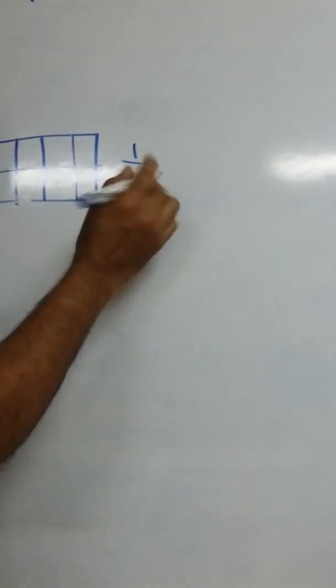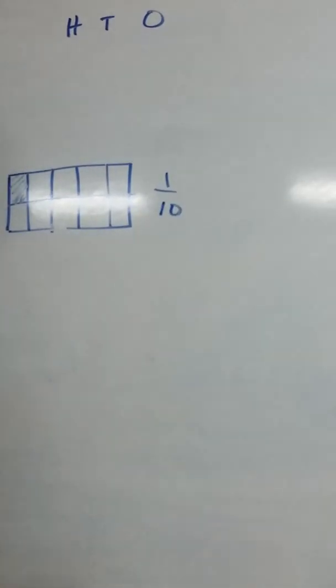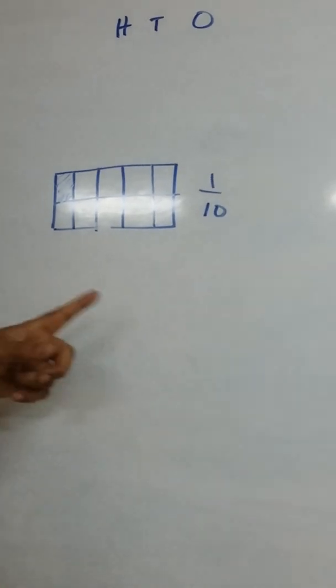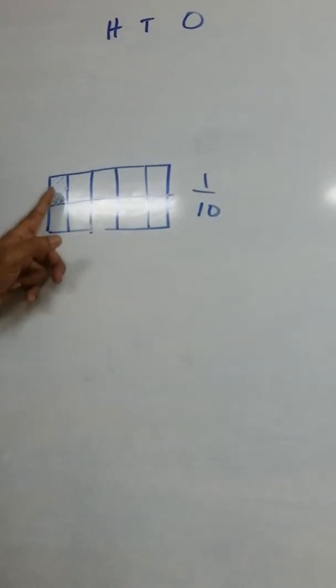How would you call that one slice? You would call that one slice 1/10. So where on the place value chart will you put this 1/10?